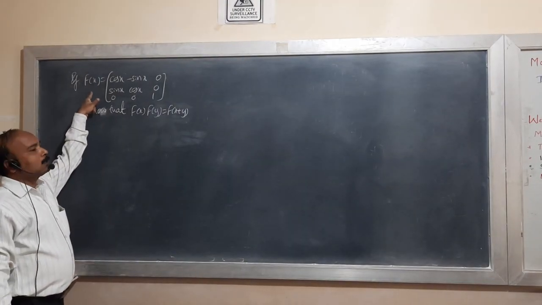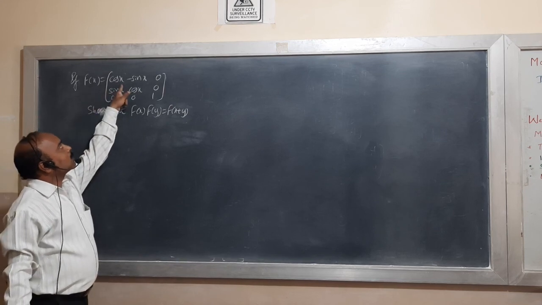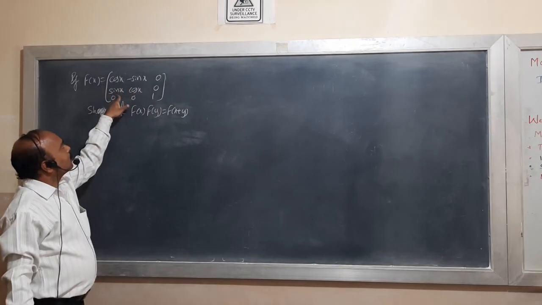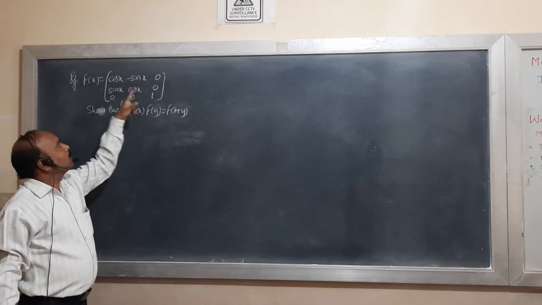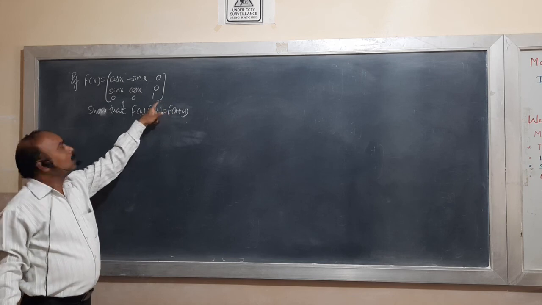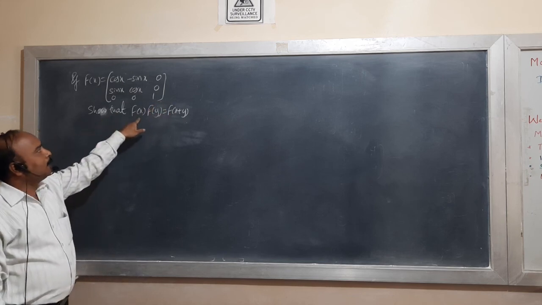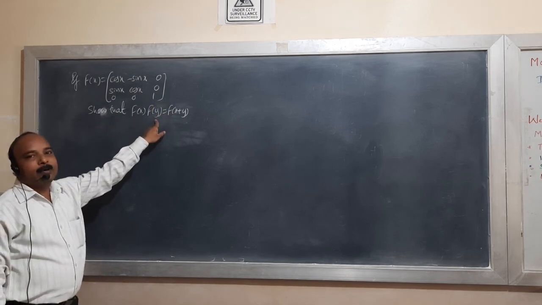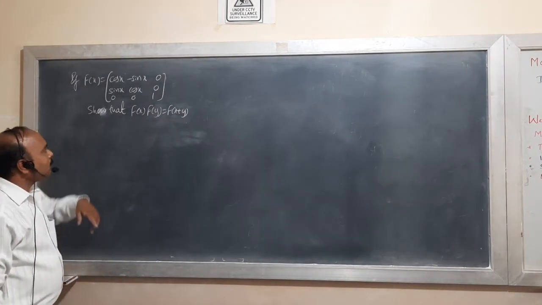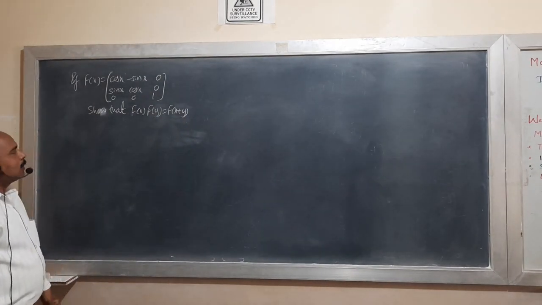If f of x equals cos x, minus sin x, 0, sin x, cos x, 0, and the third row is 0, 0, 1, then show that f of x into f of y equals f of x plus y. Now I go for the proof of this example.